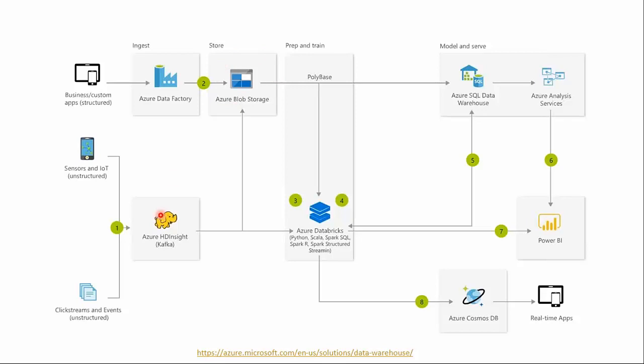When you think about Azure HDInsight Kafka, this is now supported by Azure Event Hubs. So you don't need to create the Azure HDInsight service anymore. You can just use Azure Event Hubs.